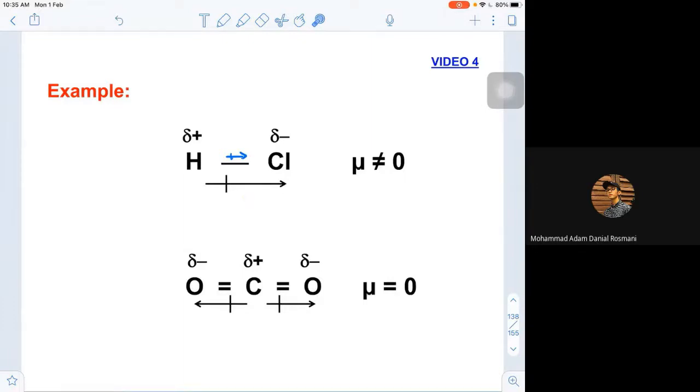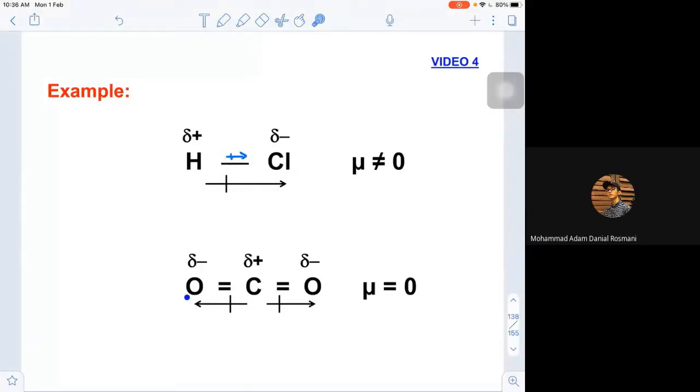As compared to carbon dioxide, we know that there is no lone pair at the central atom. It makes the shape of CO2 linear. So this bond is polar and moving towards oxygen, and this bond is also polar moving to the left. So the dipole moment on this side is to the right and on this side to the left.